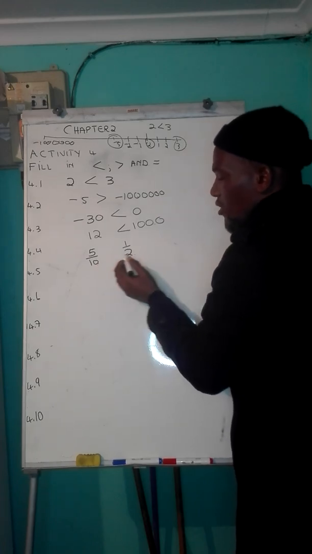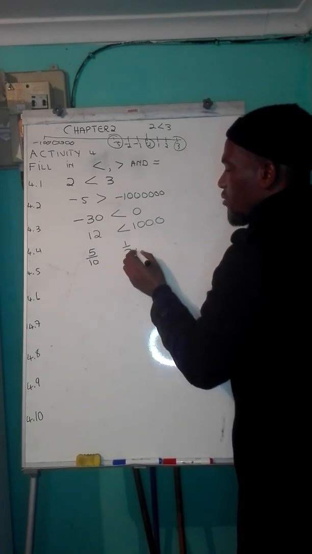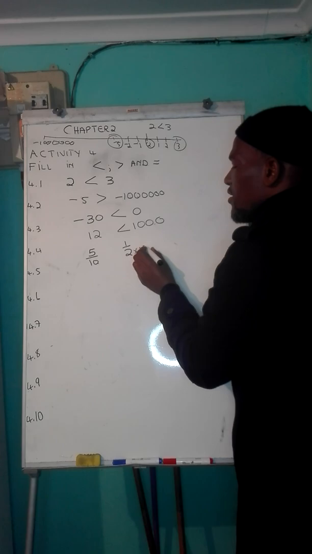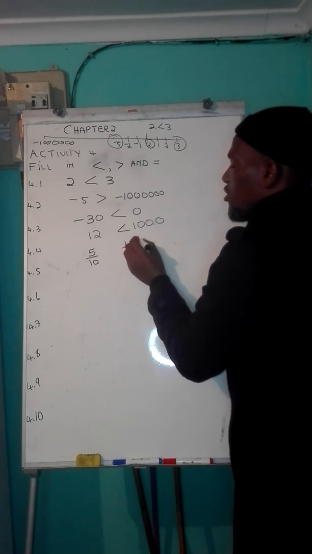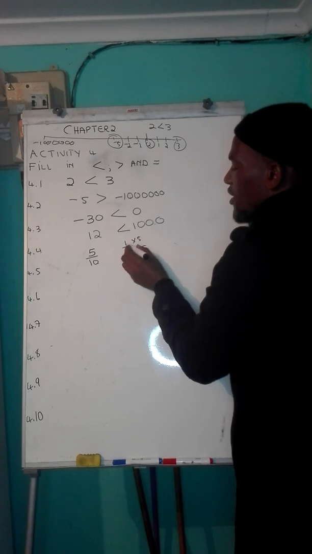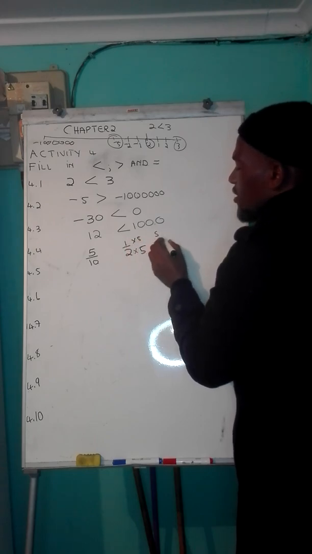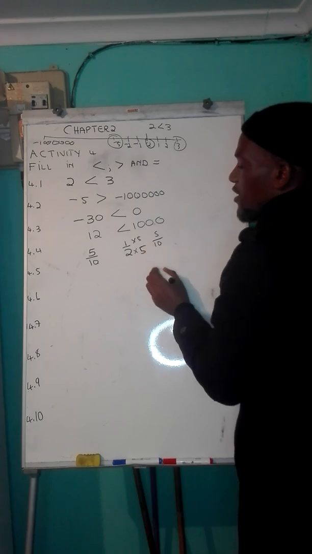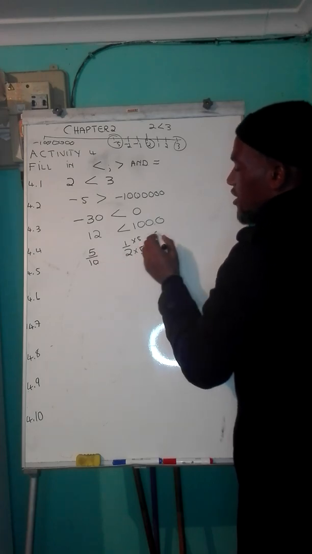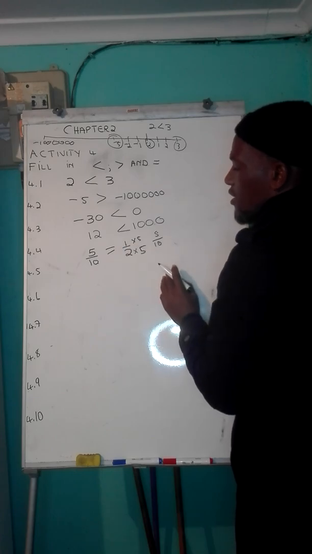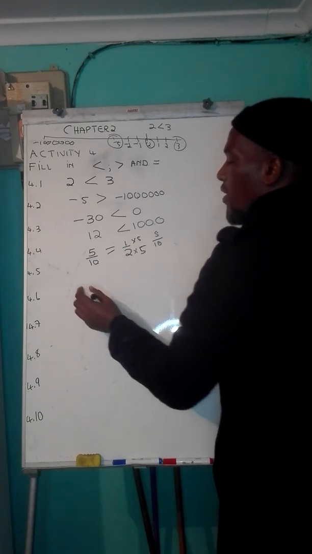So in order for this 2 to be 10, multiply it by 5. What you do on bottom, you also do on top. What is 1 times 5? It's 5. What is 2 times 5? It's 10. As you can see, this is 5 over 10, and that is also 5 over 10. So they are equal. Okay.